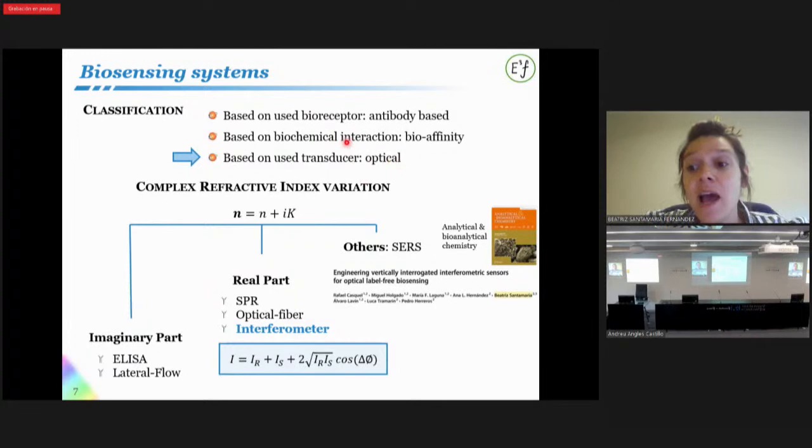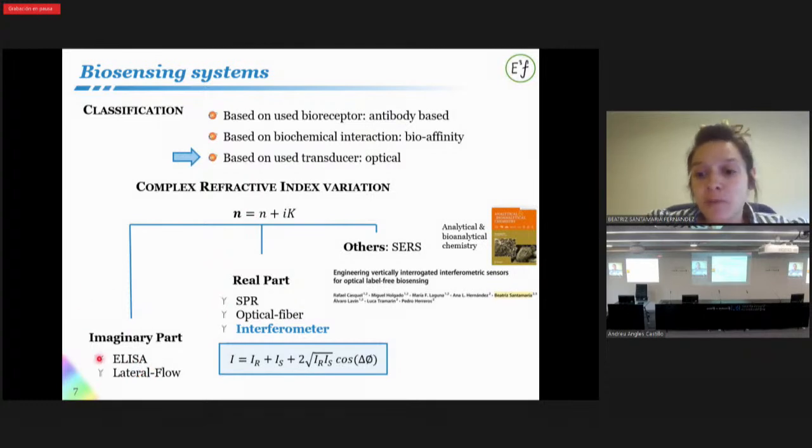More precisely, I would like to introduce to you this innovative classification for optical transducers based on the complex refractive index variation. As you might know, the refractive index is composed of a real part and an imaginary part. So we can classify the transducers in those two parts: one based on the imaginary part, and the other one based on the real part.